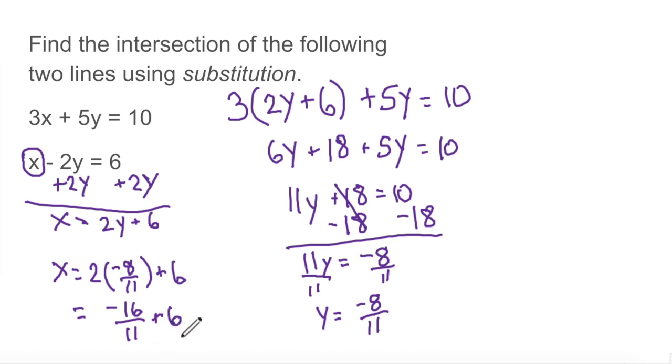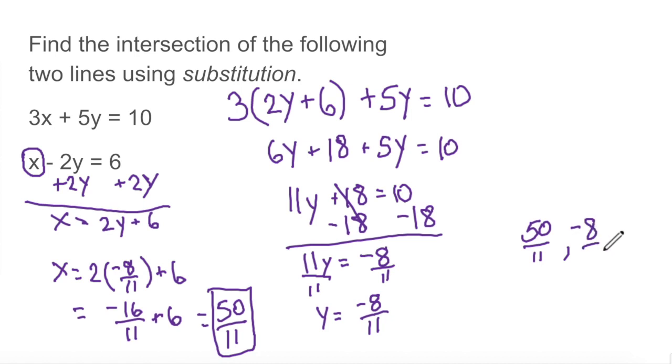So that is 50 over 11, I believe. So our solution then is x equals 50 over 11 and y equals negative 8 over 11. And that is the point of intersection of these two lines.